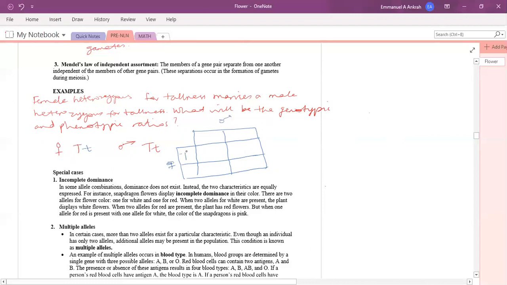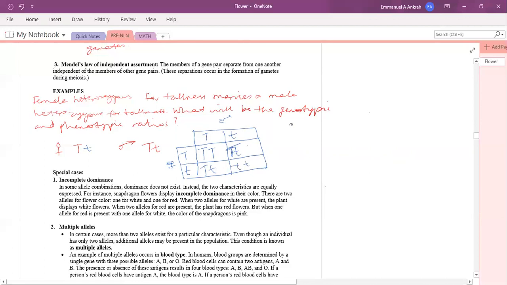So uppercase and lowercase, uppercase, lowercase here. If you combine this, uppercase TT, then this will be uppercase and lowercase, and this is uppercase and lowercase, and this will be lowercase tt. Okay. All right, so this is what we have for the Punnett Square.